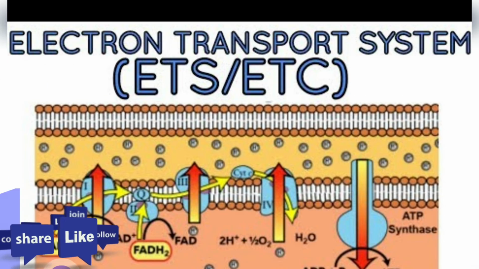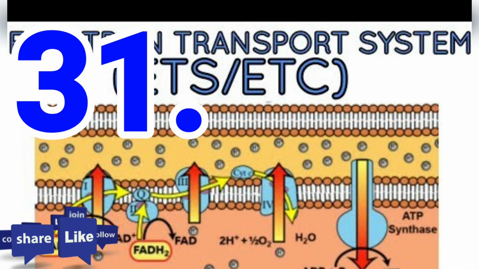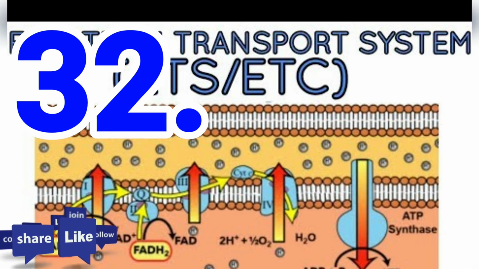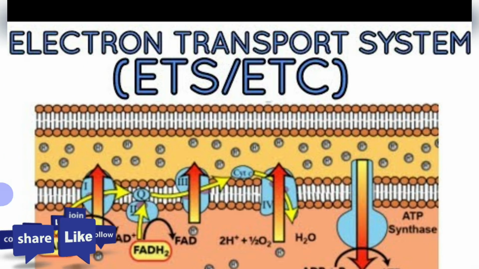Now we will take a few points from the electron transport system, ETS, and oxidative phosphorylation. ETS is present in the inner mitochondrial membrane.